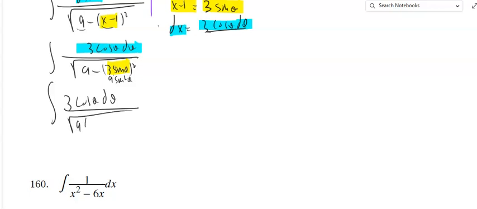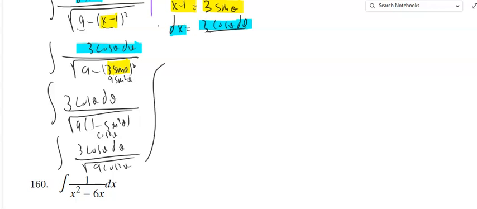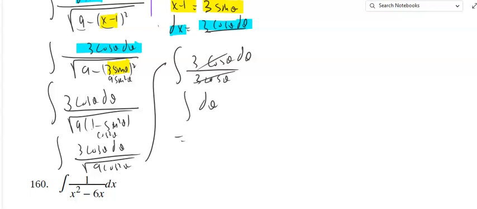If I factor a 9 out, that's 1 minus sine squared of theta. And this is simply cosine squared of theta. And we know this is 3 cosine of theta d theta over square root of 9 cosine squared of theta. That is the integral of 3 cosine of theta d theta divided by 3 cosine of theta. We're simply integrating d theta. We know what that is, that is theta plus c.